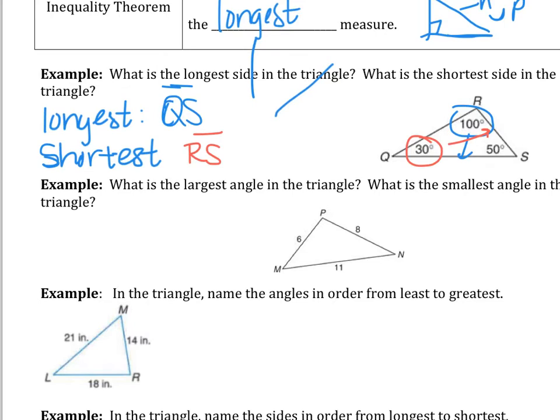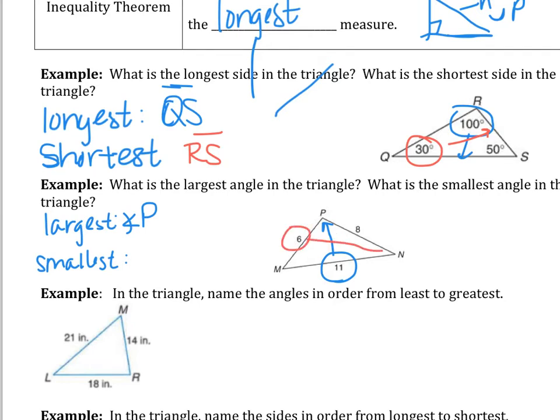Looking at the lengths of the sides, I see that the longest side is 11, so the angle opposite that side is angle P, so the largest angle is angle P, and the smallest angle is across from that smallest side, which is that number 6 there, so the angle across from that is angle N.